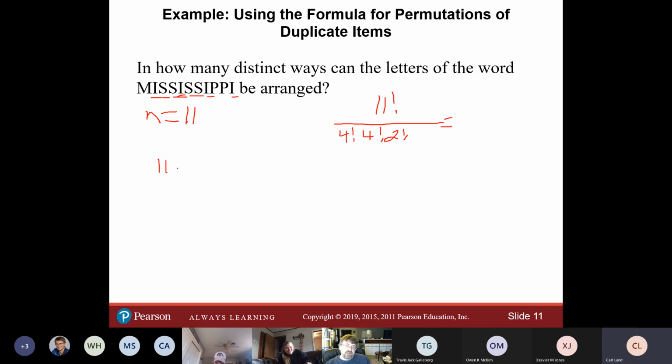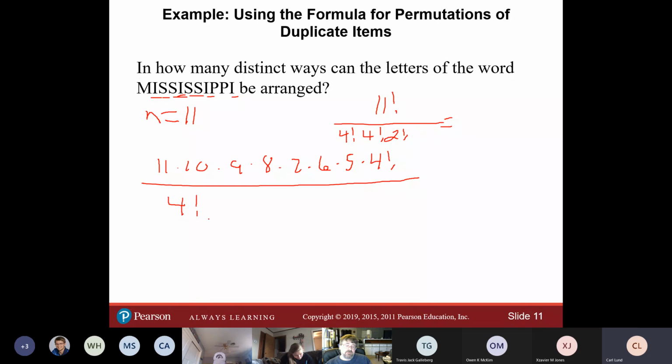And so I have 11 times 10 times 9 times 8 times 7 times 6 times 5 times 4 factorial over. So I'll write one of my factorials. I'll keep it as 4 factorial so I can cancel it.